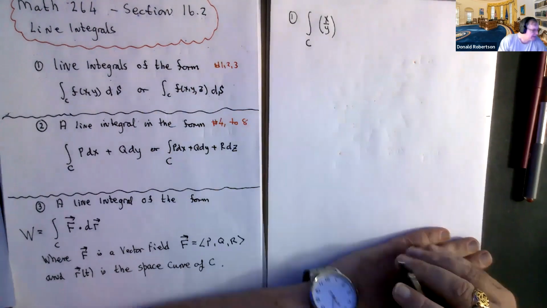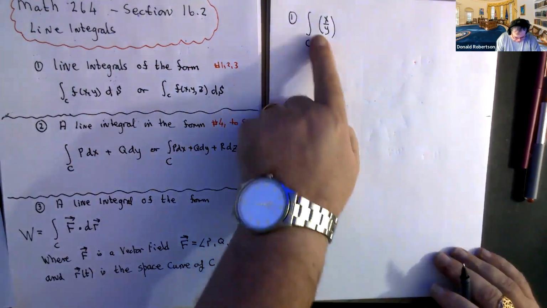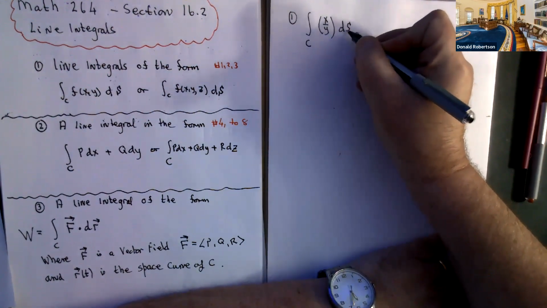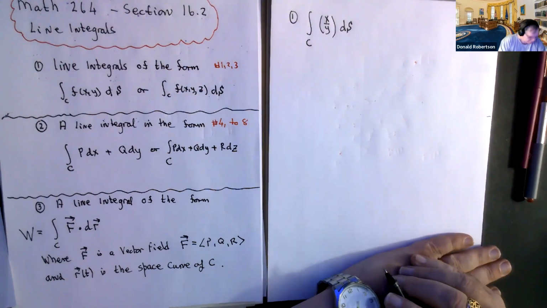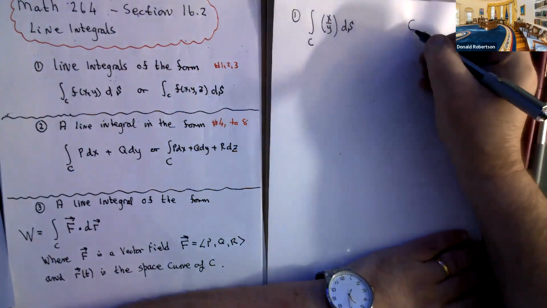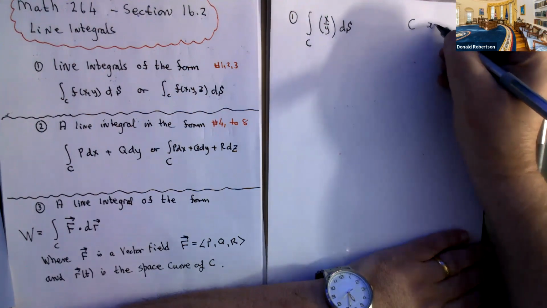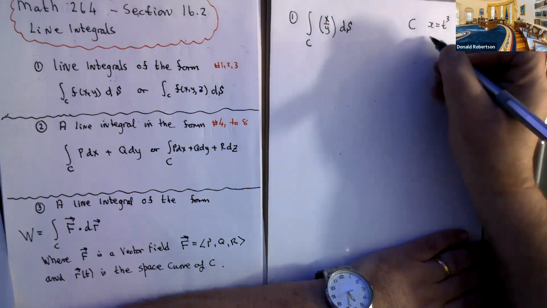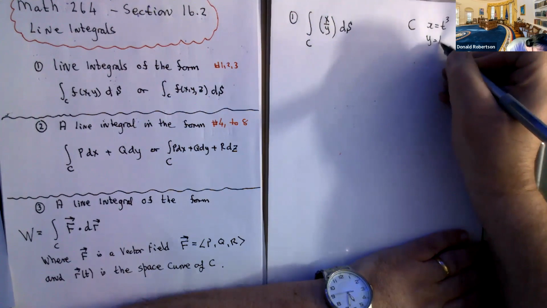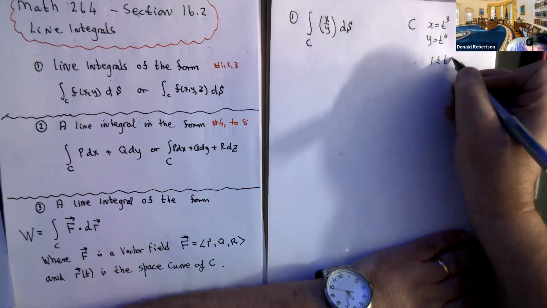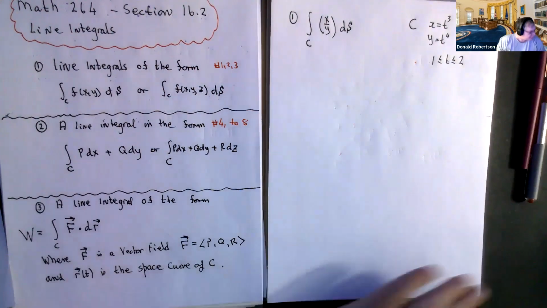The surface would be z equals x over y. And we're doing a line integral over a surface, ds. This curve is described by parametric equations involving t. The curve starts at t equals 1 and finishes at t equals 2.